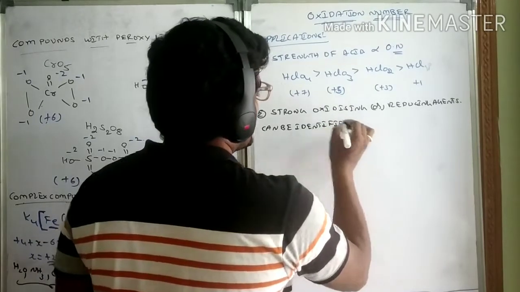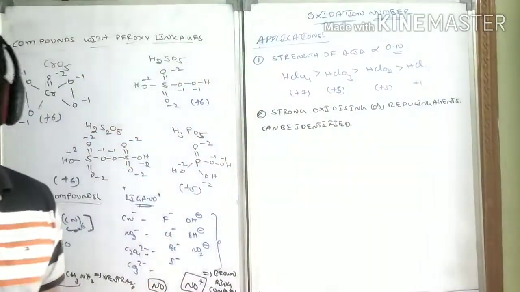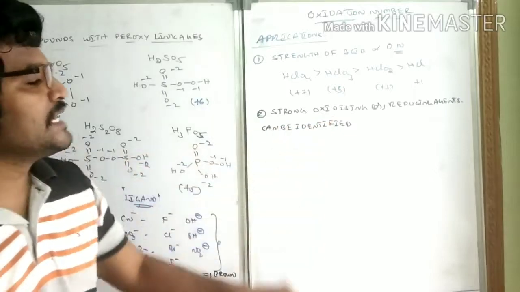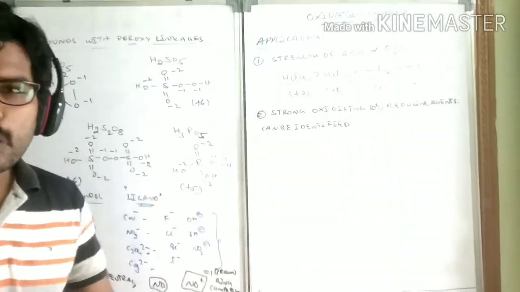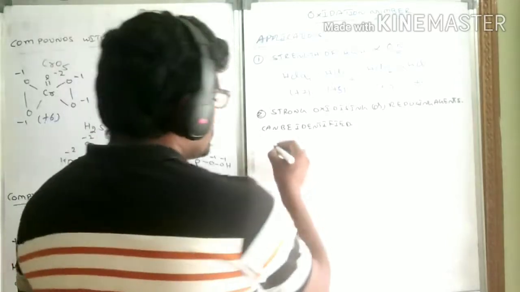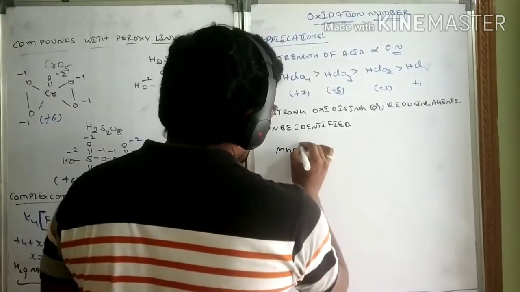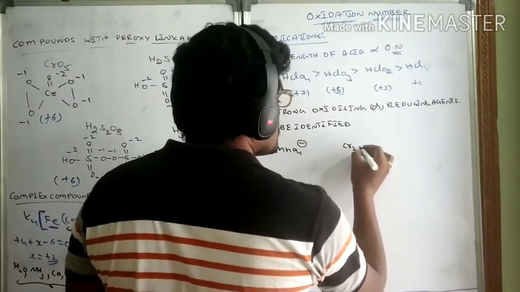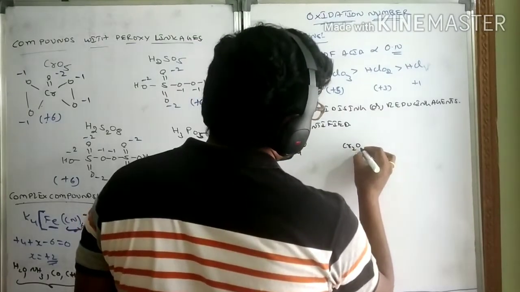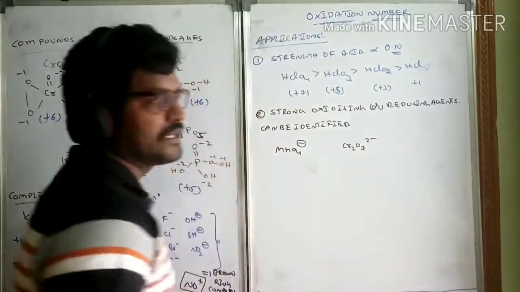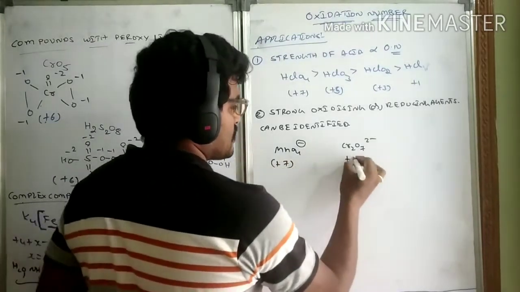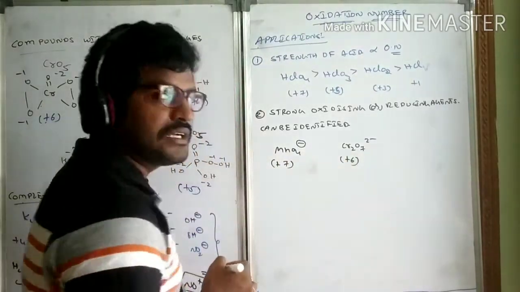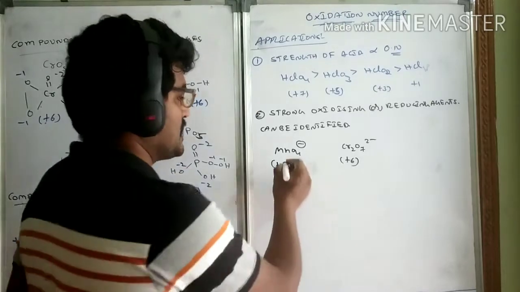How can we identify whether a particular species is a strong oxidizing agent or a strong reducing agent? By using the oxidation number concept. Let us see MnO4 minus and Cr2O7 2 minus. Here manganese is present in the +7 oxidation state, and chromium in the +6 oxidation state.